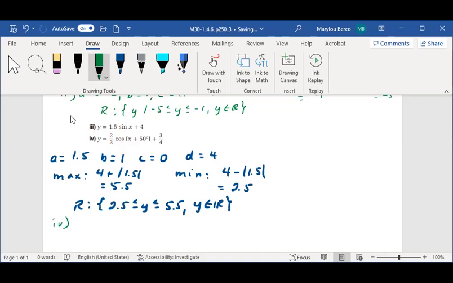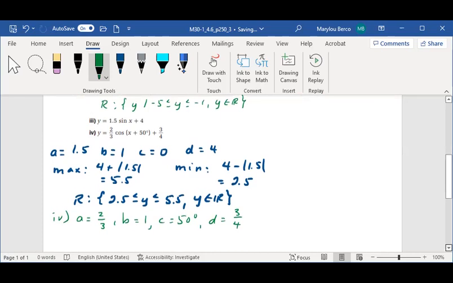Last one, we have in the equation, A is 2/3, B is 1, C is 50 degrees, and D is 3/4.